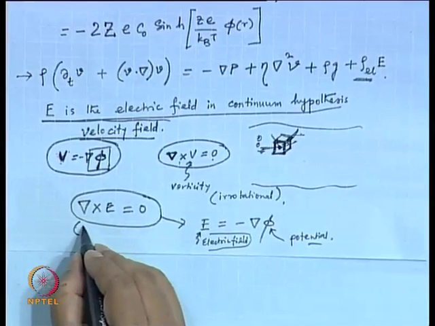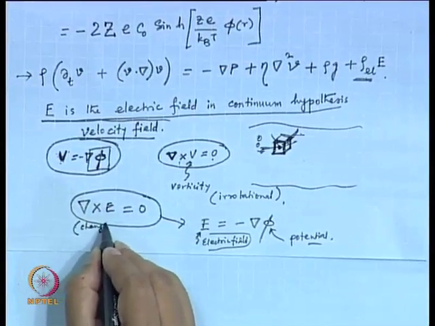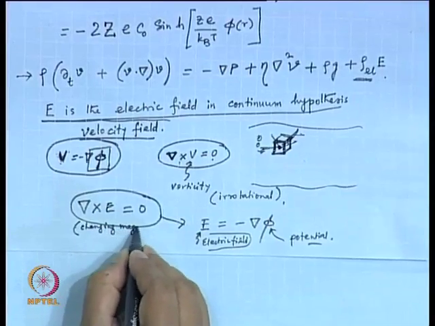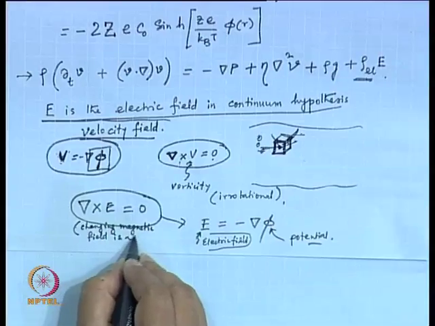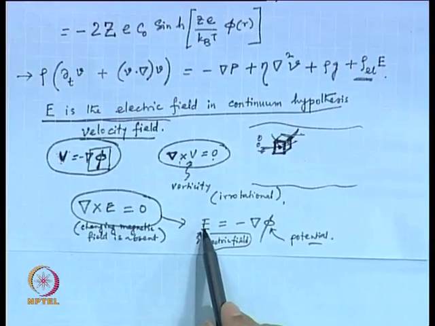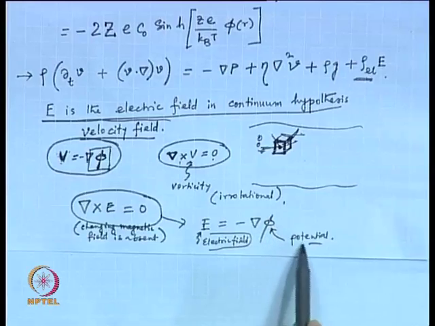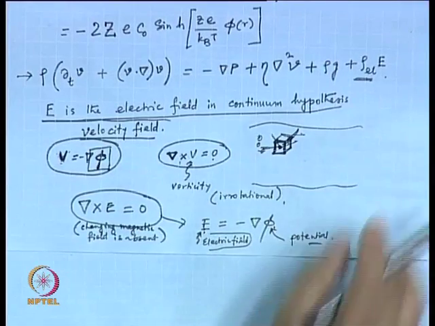So, del cross E equal to 0 means a changing magnetic field is absent. Under this criterion you can define E as equal to minus del phi, where E is referred to as the electric field and phi is referred to as the potential.